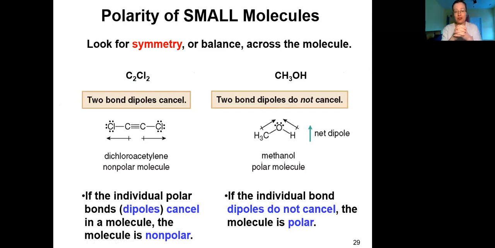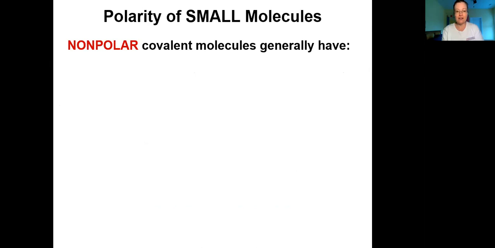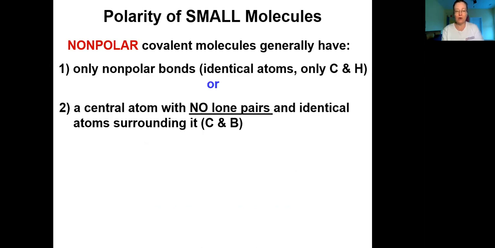They themselves are nonpolar with each other. And then the surrounding atoms, the two chlorines, are identical to each other. They're both chlorine. With that, we have the central atom, the carbon. He has no lone pairs of electrons. He doesn't have any valence electrons that he's not using for bonding.